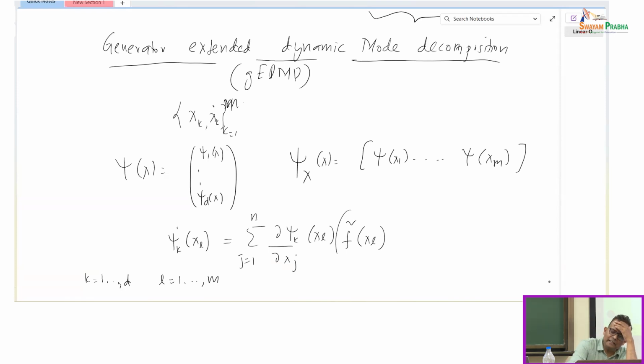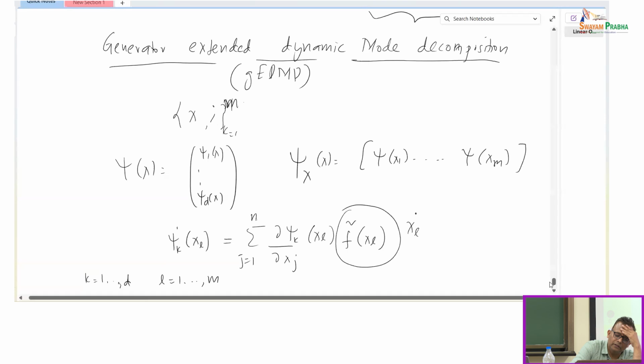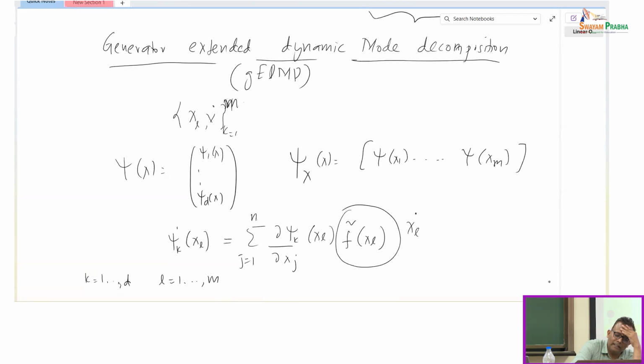So this is basically your x l dot. Actually, let me just be consistent with the notation. Instead of x k, let me call it x l, because l is for the data points, and k is for the lifting function.